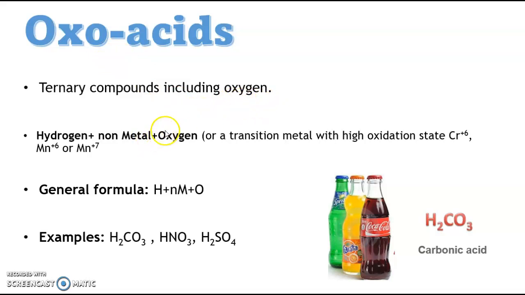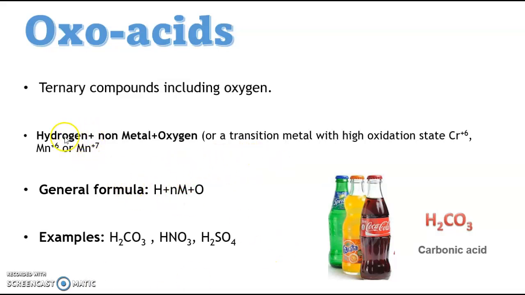Okay, so 3 elements, in this case, hydrogen first. Again, always in inorganic acids, we are going to have hydrogen as the first element. That is actually a way of identifying an acid. If I am given a bunch of formulas and I need to identify what are the acids, then I can look for the first element being hydrogen, and that's definitely going to be an acid in inorganic chemistry.